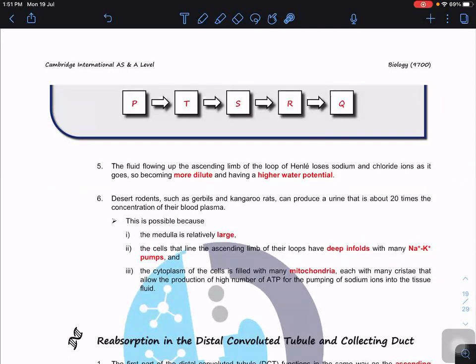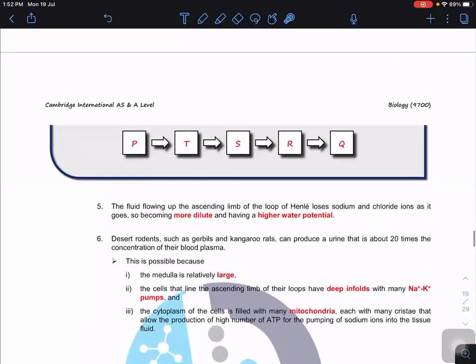The cytoplasm is filled with many mitochondria to pump out the sodium and potassium ions into the medulla, making the medulla very, very concentrated. I mean the ion concentration, and also making the water potential of the medulla so low that desert rodents will be able to reabsorb the water with higher efficiency. Okay, so with this, I stop for today's class.